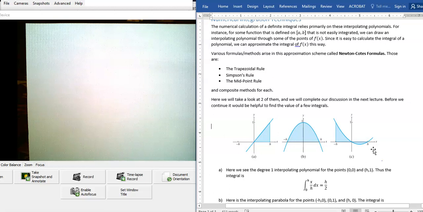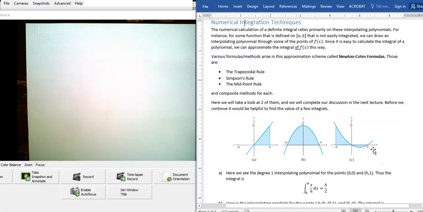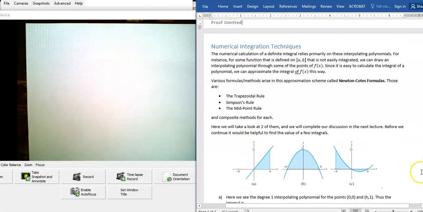So let's take a look at a few of the integration techniques that we'll be dealing with here. You may have remembered from a calculus class, maybe possibly using some of these techniques. So the definite integral, the calculation for that, we know relies primarily on interpolating polynomials. So if we consider some function defined on a to b, that is not easy to integrate, right?